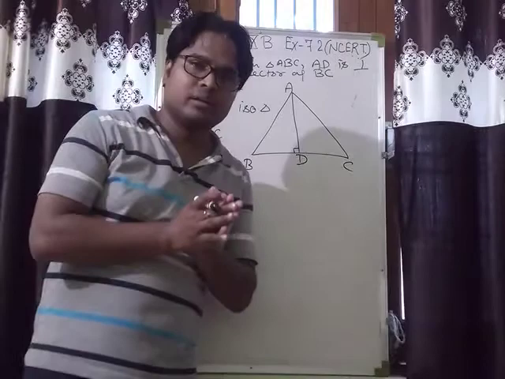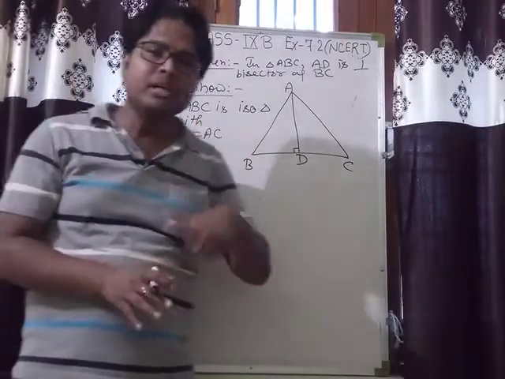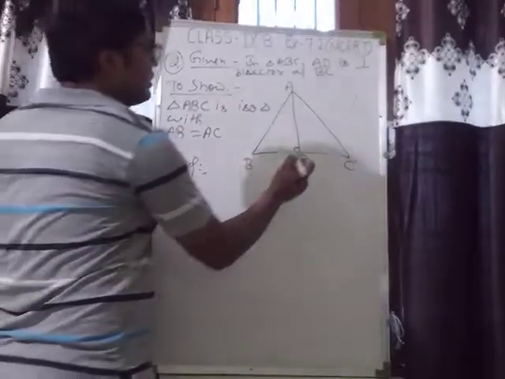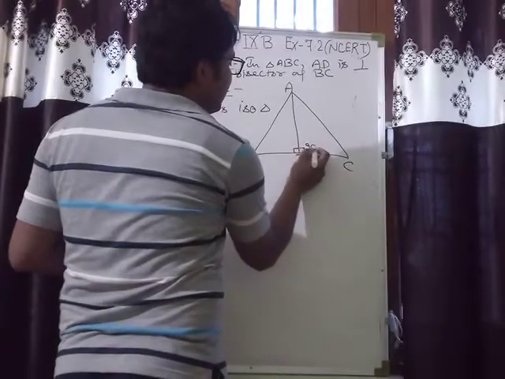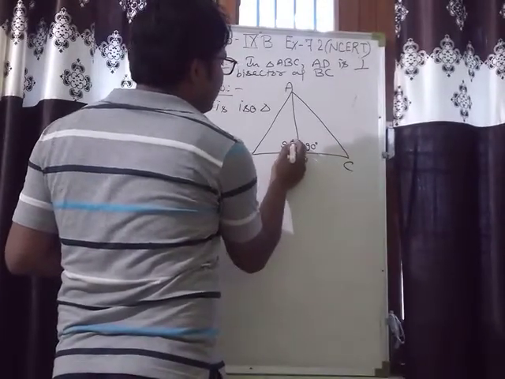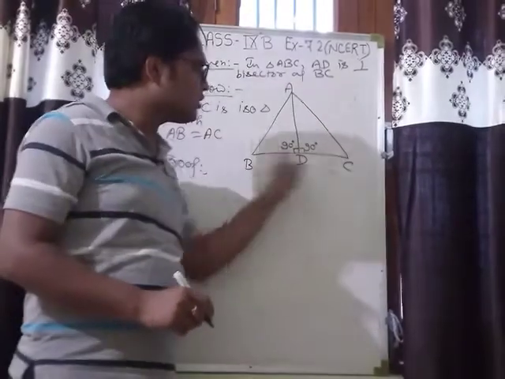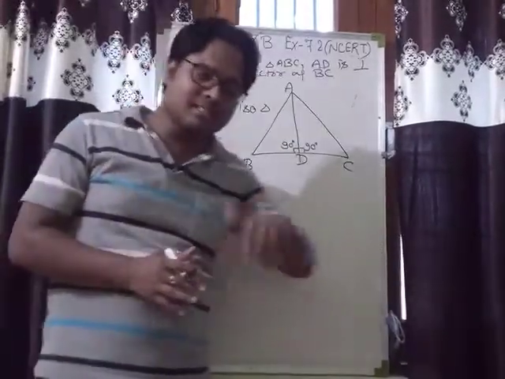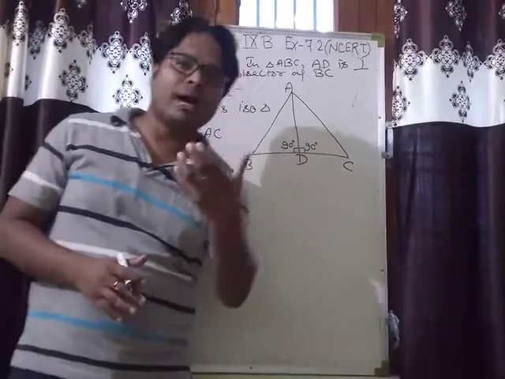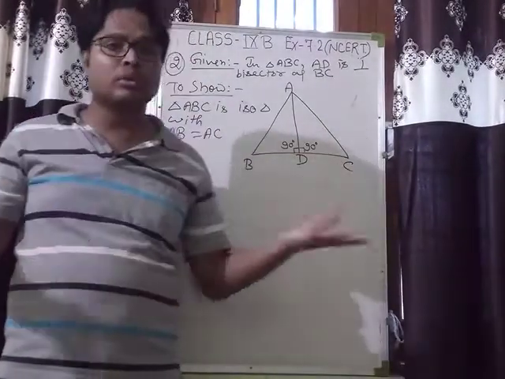There are two things. AD is perpendicular on BC means these two angles are 90 degrees. The measurement of these two angles is 90 degrees because AD is perpendicular on BC, and also it bisects BC, means it divides this BC into two equal parts.